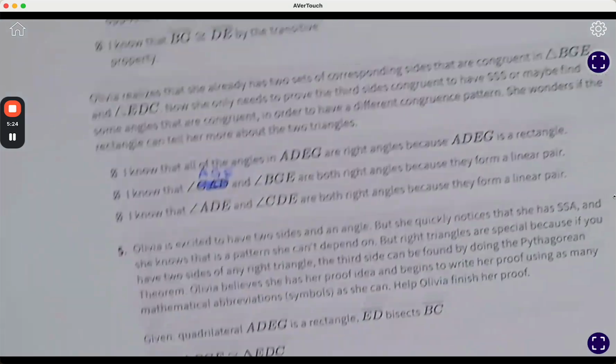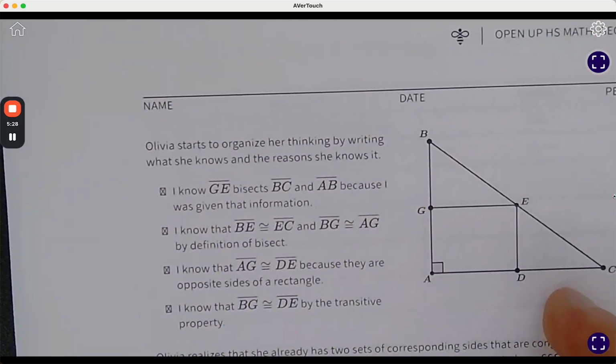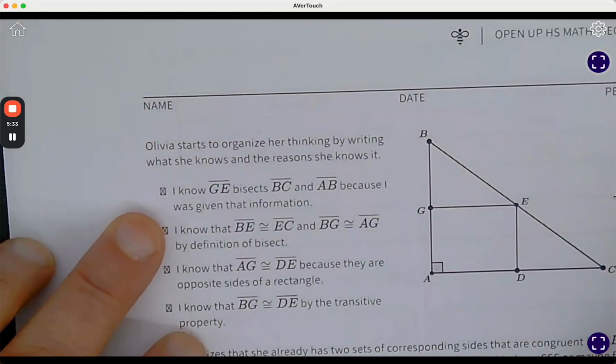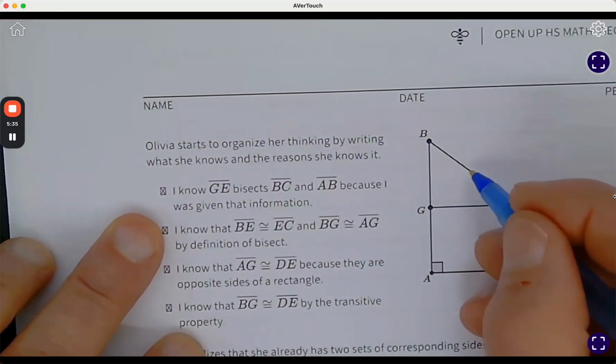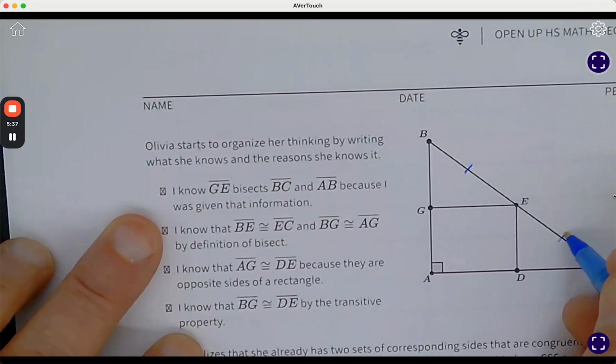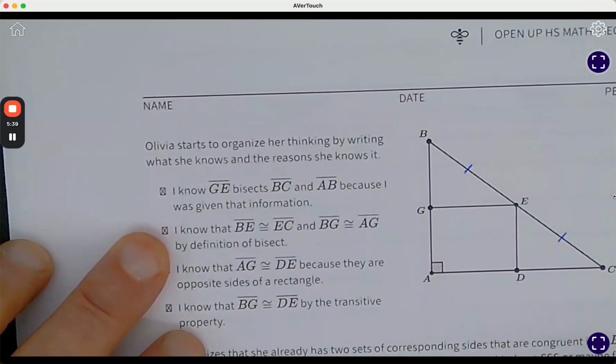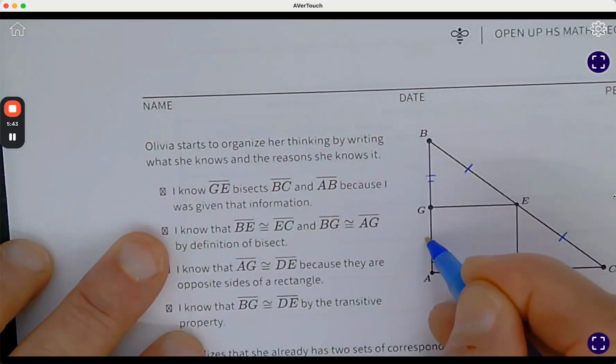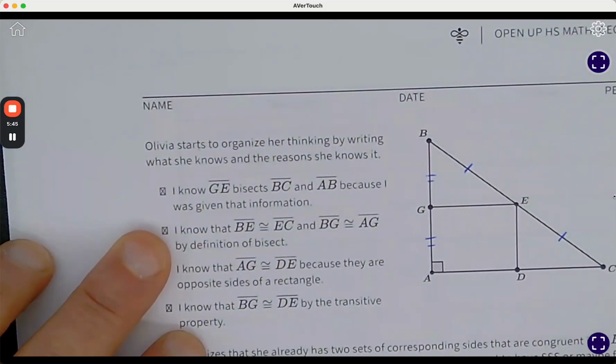All right. So this is Olivia organizing her thoughts based on this picture. GE bisects BC. Okay, so that implies that that is true. And it also bisects those. So that is also true.